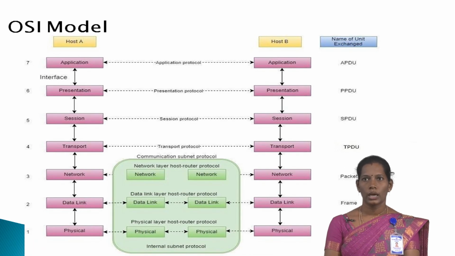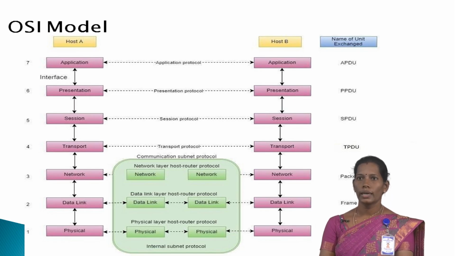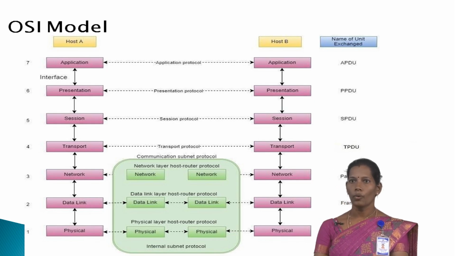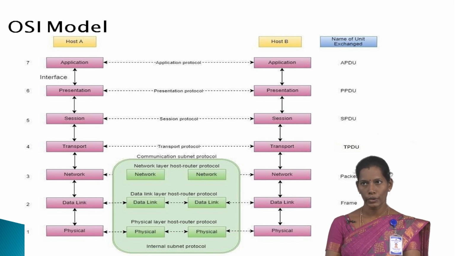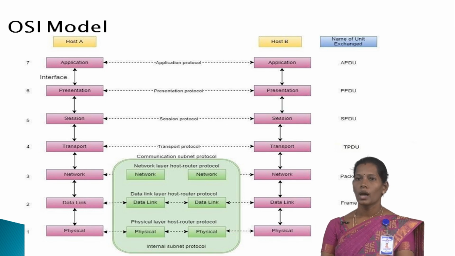Next one is the architecture of the OSI model. OSI stands for Open System Interconnection. It's a reference model. It describes how information from a software application in one computer moves through a physical medium to the software application in another computer.